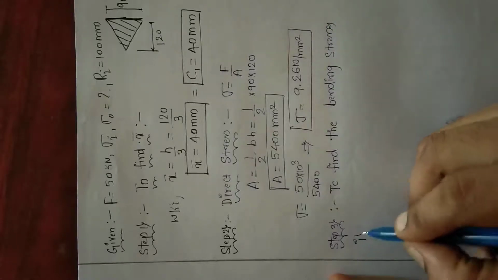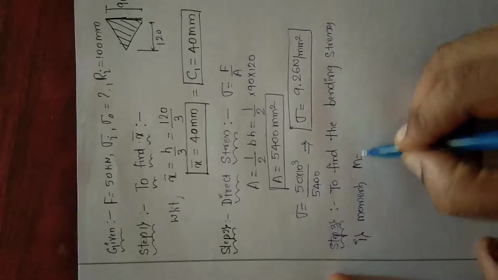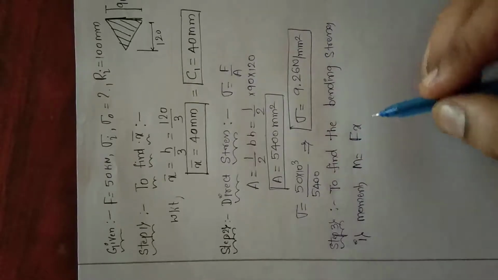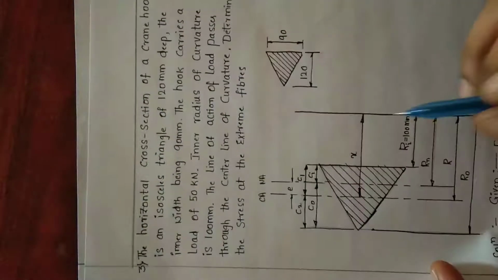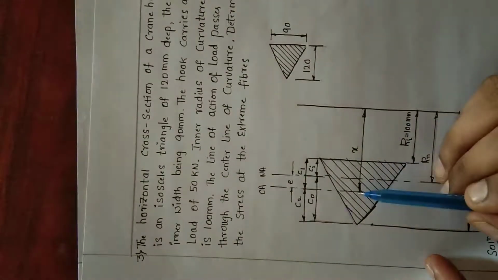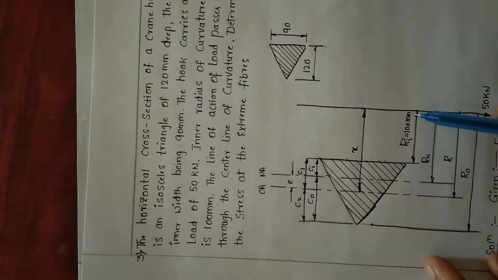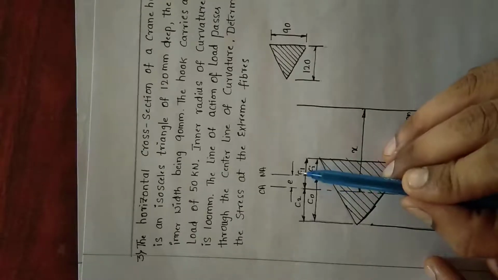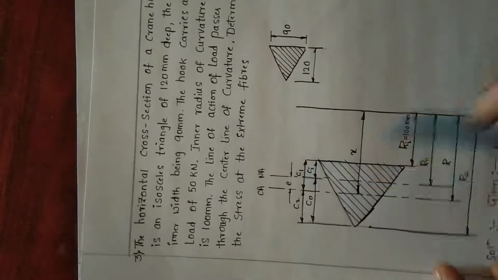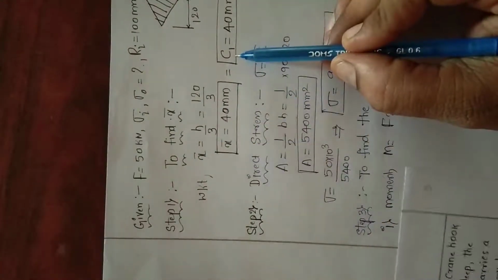First, the moment: M is equal to F into x. Once again, what is x? X is the distance from the applied load to the centroidal axis. I know Ri is 100 mm, and from the inner fiber to the centroidal axis is C1, which is nothing but x dash.